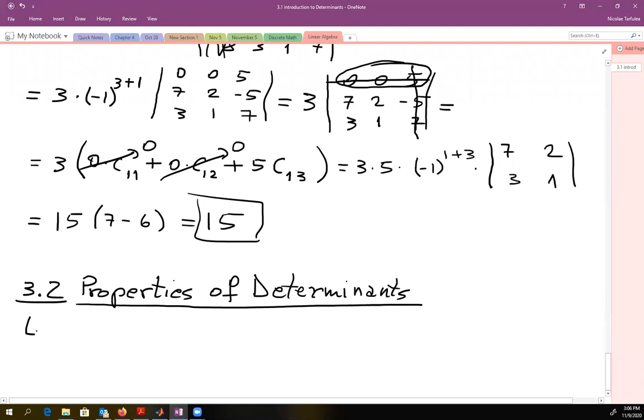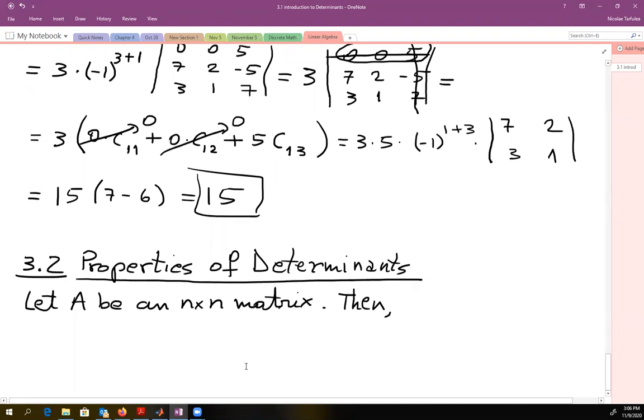Let A be an n by n matrix, a square matrix. Then the first property, let's say A.